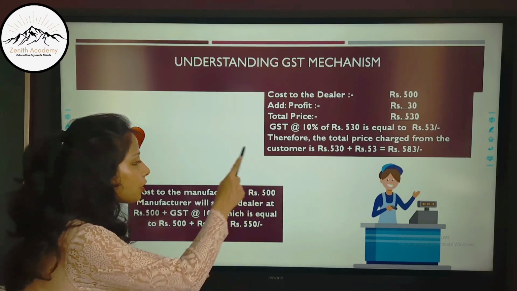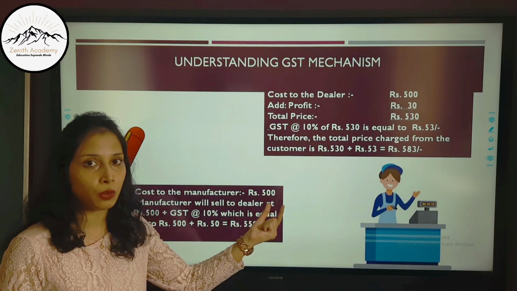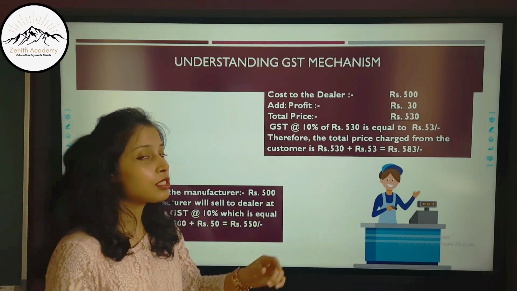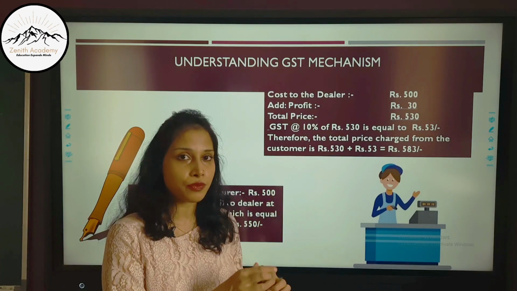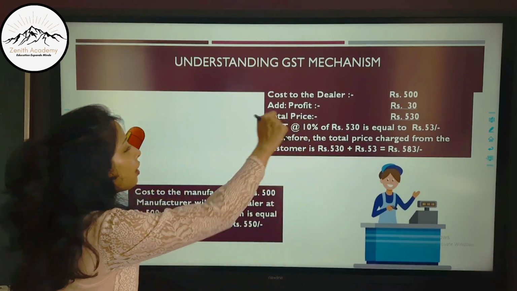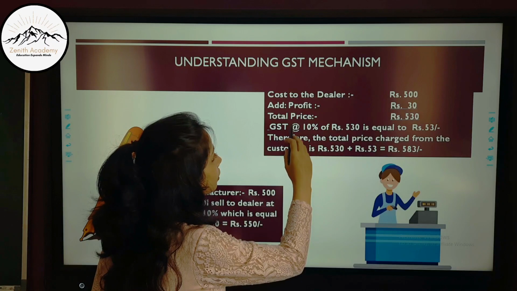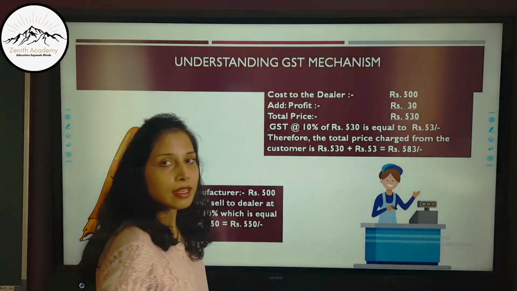So the actual price the manufacturer is getting is rupees 500 only, and so the value of the pen is always rupees 500 here. Now we proceed further. So the cost to the dealer is now 500.